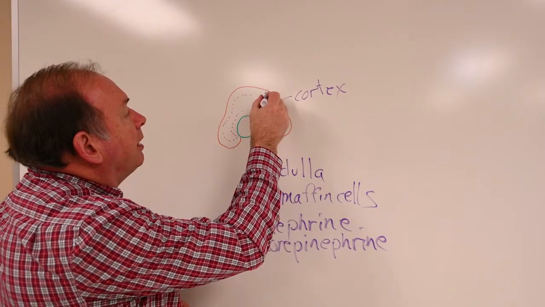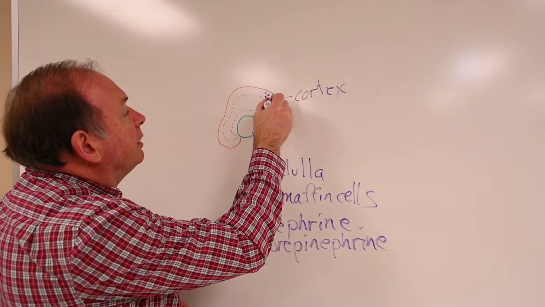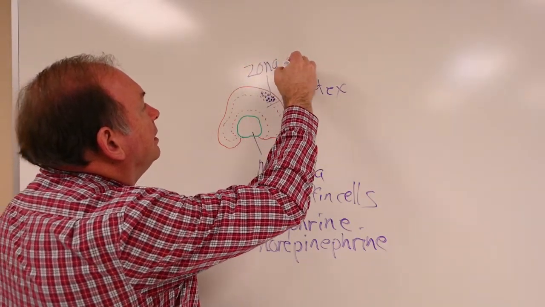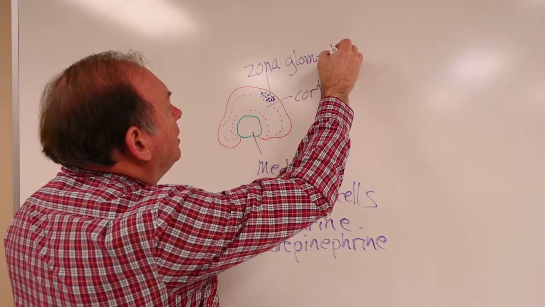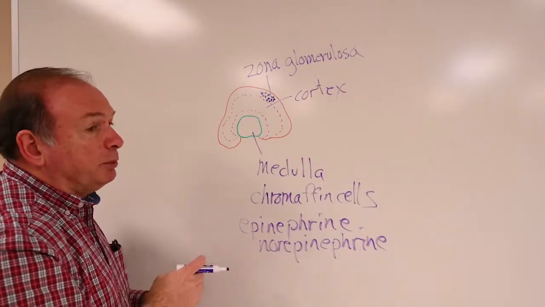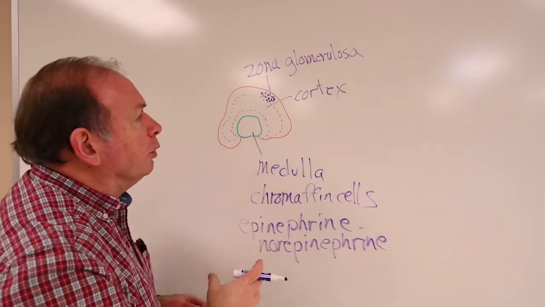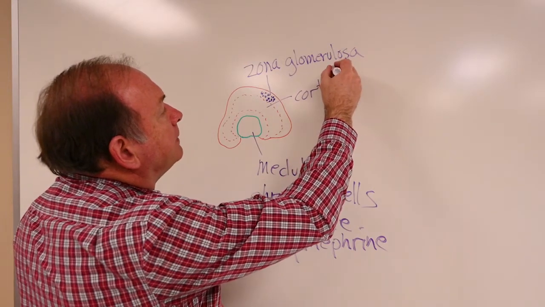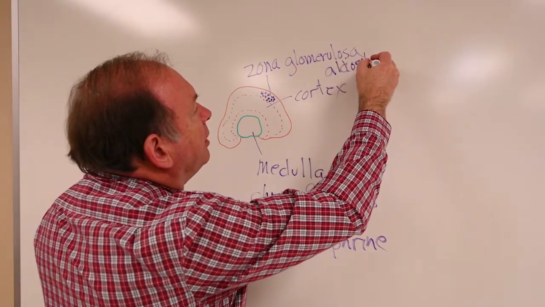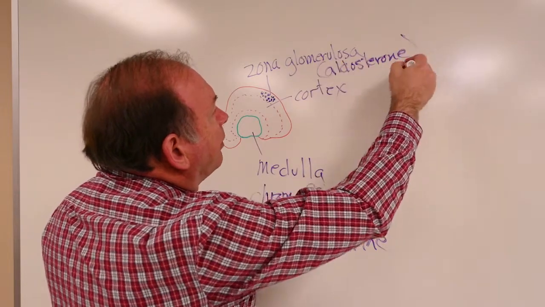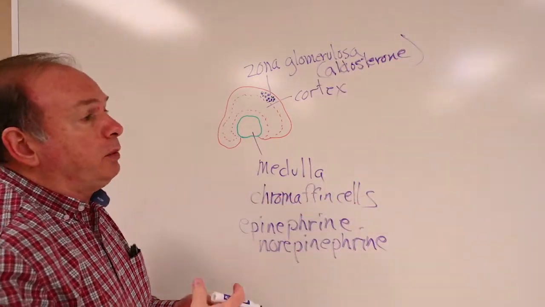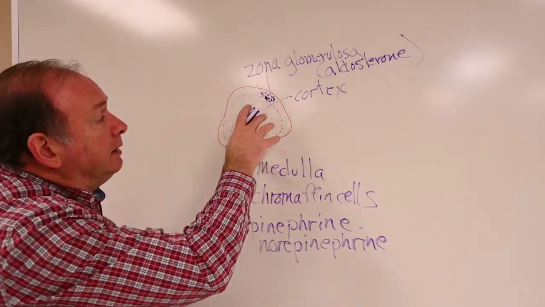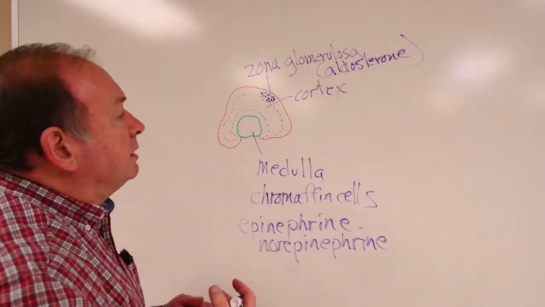The outer part we call the zona glomerulosa, because the cells form globular groups, and this particular region produces aldosterone, which we learned about when we talked about the renin-angiotensin pathway. Angiotensin 2 stimulates the release of aldosterone from the adrenal gland, and it causes retention of water in the kidney.